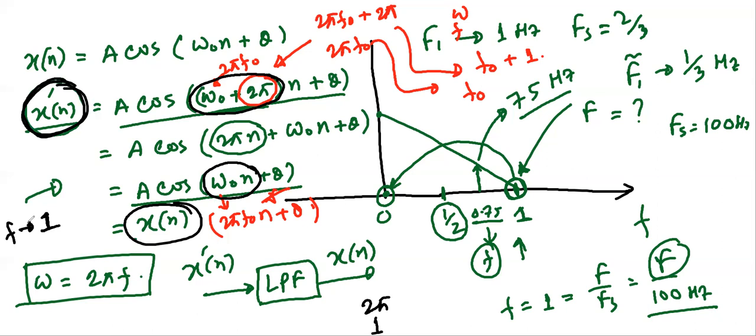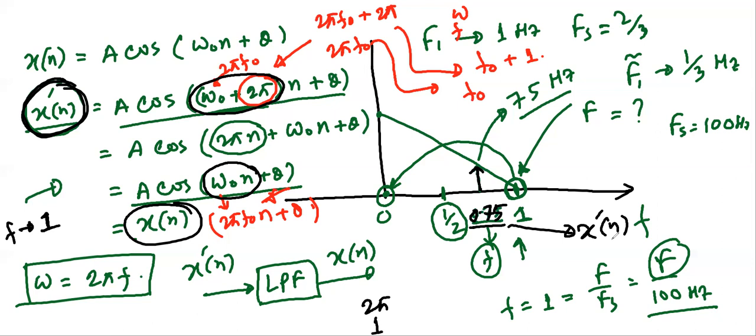Now, if I ask you, if this is at the location of 0.75, where will you get the identical signal again? If this is your x prime n, the higher frequency component, then where is the low frequency component?